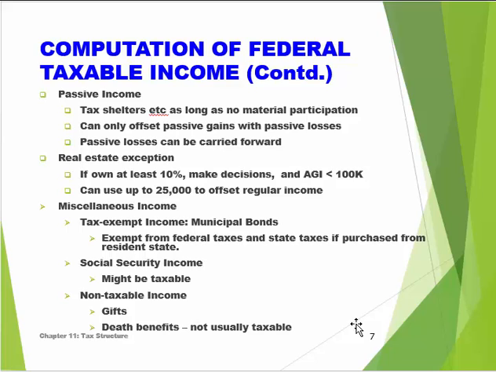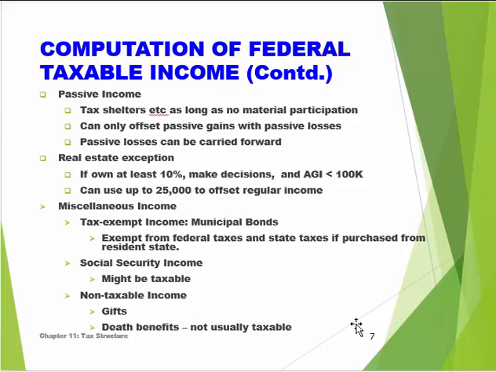I'd mentioned this passive income concept. Passive income has to do with things like tax shelters. You can only offset passive gains with passive losses. That is, they can't be moved to help reduce the other kinds of income we talked about, which was your ordinary income or your portfolio income.